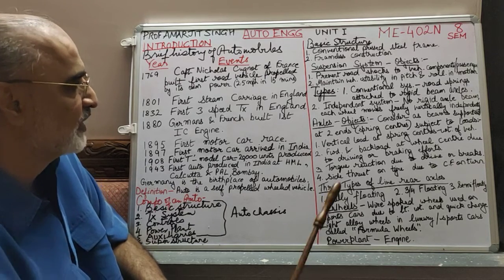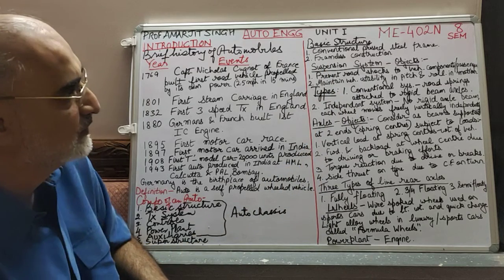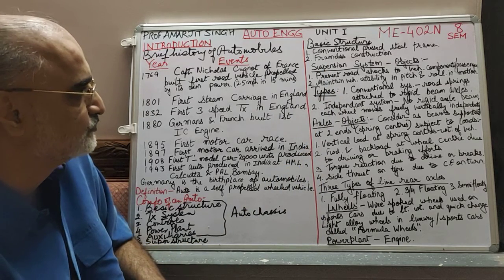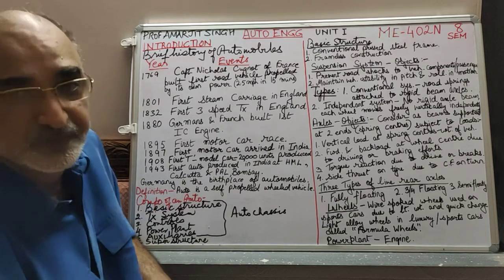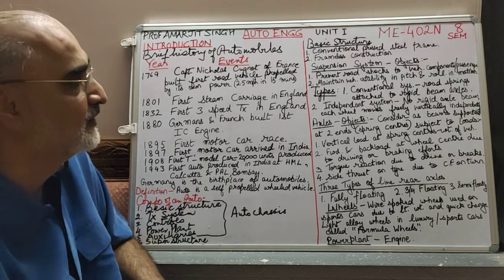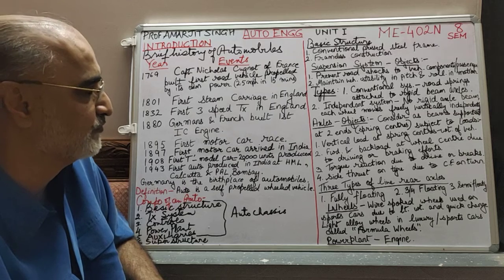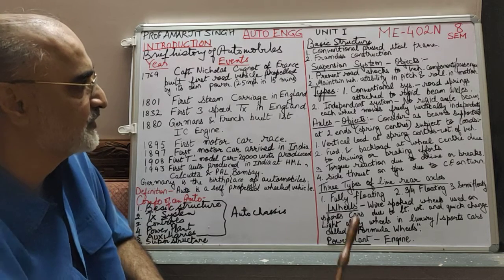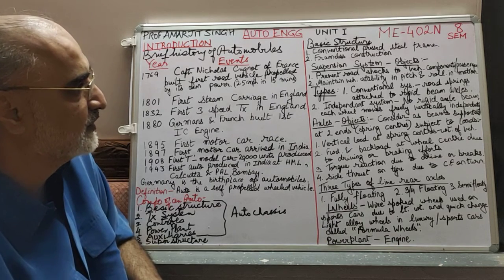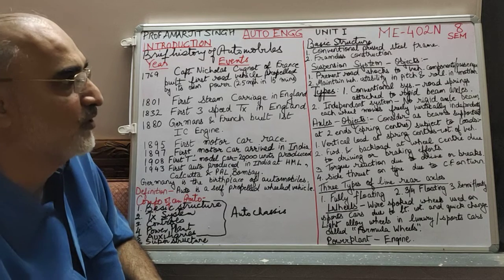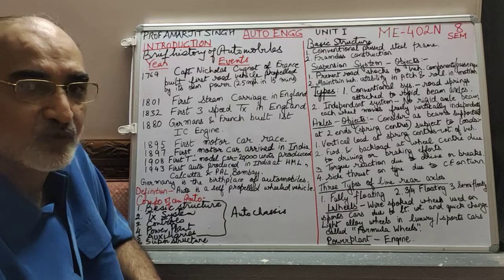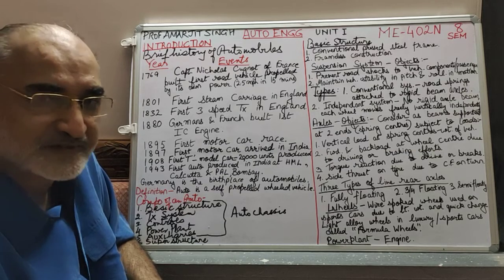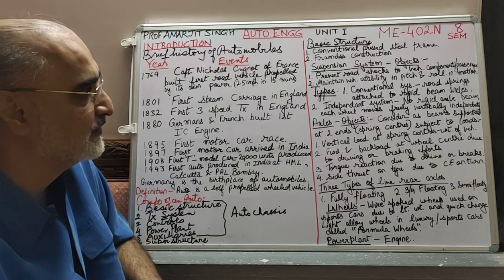Fine. Let's come to the suspension system. Now, what are the objects of the suspension system? The first is to prevent road shocks to the vehicle components as well as the passengers in the vehicle.